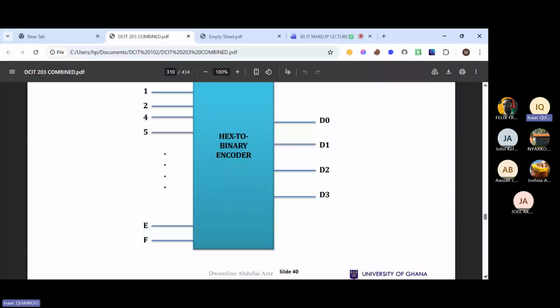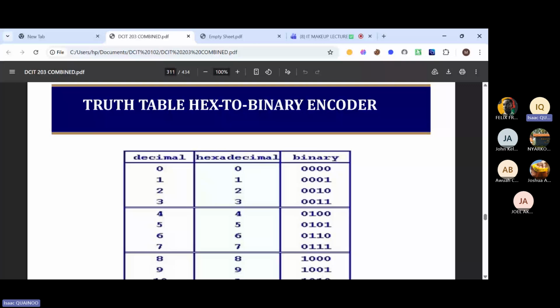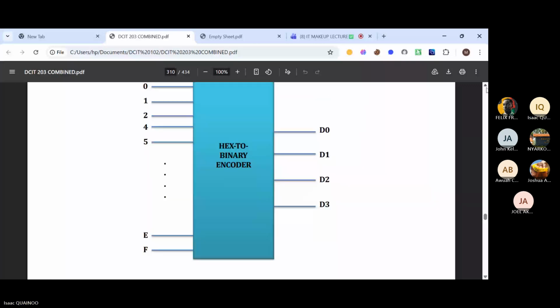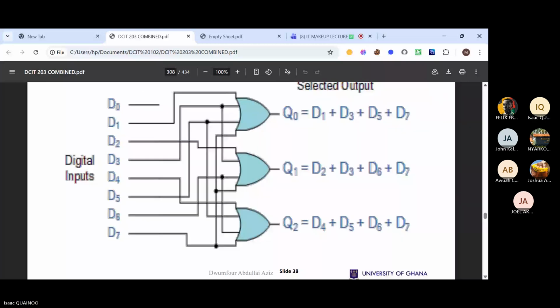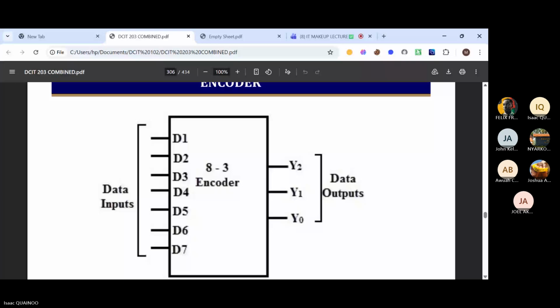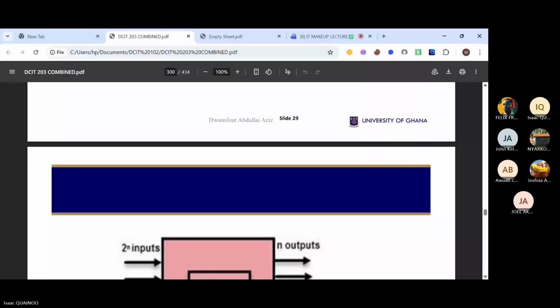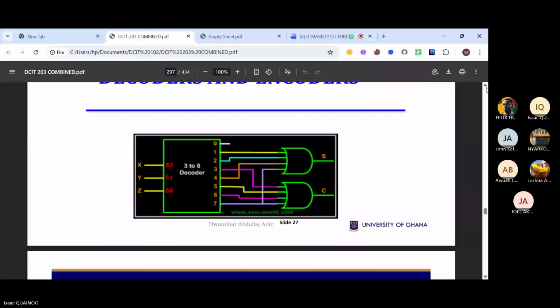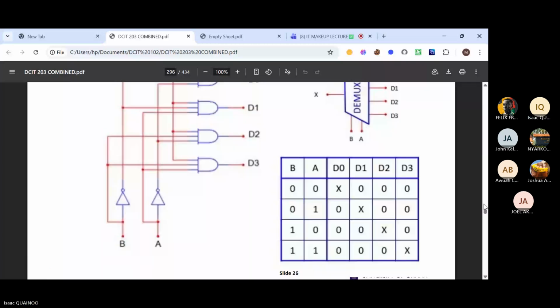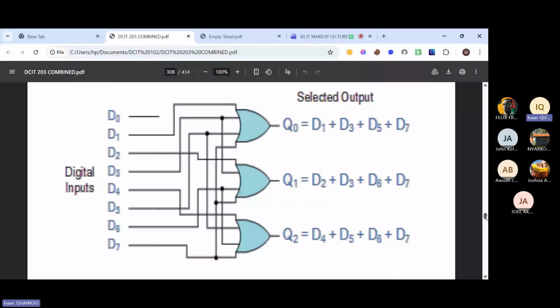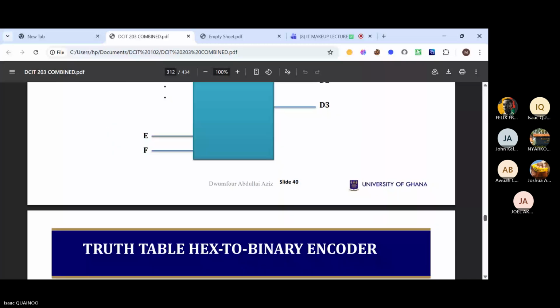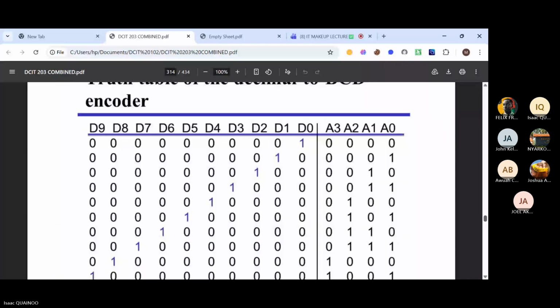But let's examine what we have here. And let me use that to explain.